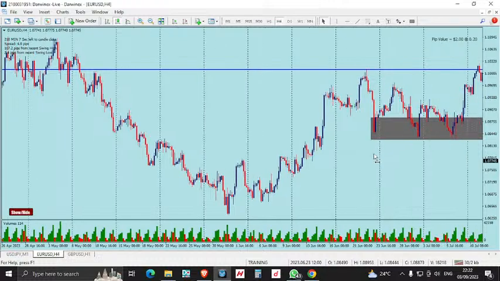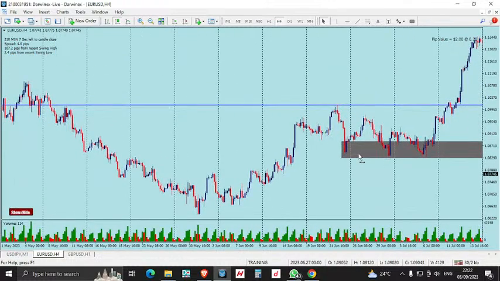So before we can talk of any buying activity, it must break a structure. But instead of waiting to break the structure on 4 hours, we are going to employ what we call multiple time frame analysis.